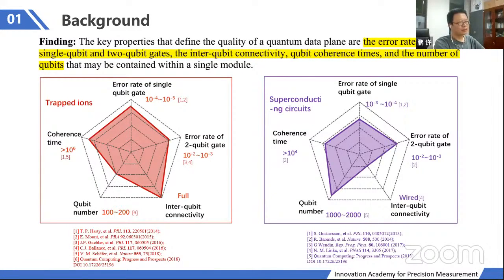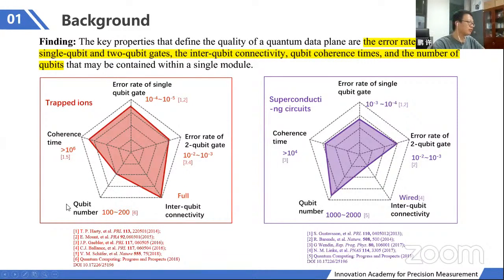From these two figures, I should emphasize, this picture may not be accurate. It is just a brief summary based on my knowledge. We can see that the trapped ion system demonstrates very good coherence time and a very low error rate for the single qubit gate and for the 2 qubit gate, and it can have all-to-all qubit connectivity at a small scale.